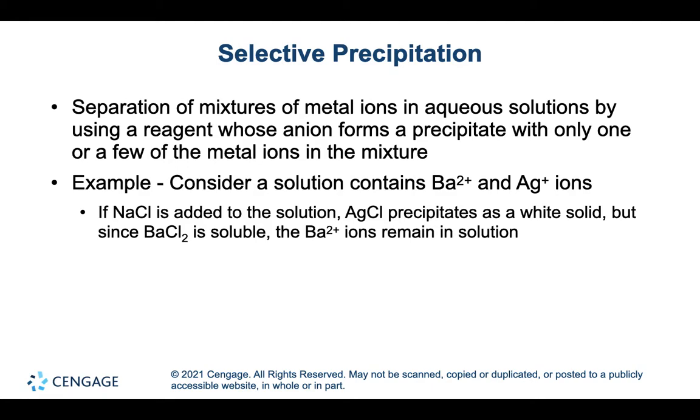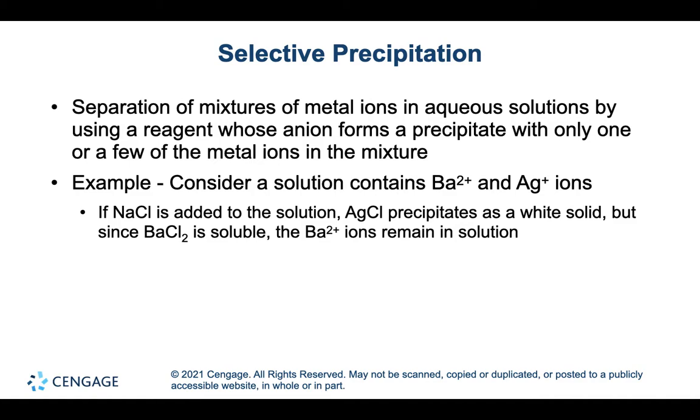selective precipitation. So we can use what negative ion we add to selectively separate one ion as a precipitate while leaving the other ion still dissolved. That's because different metal ions have different solubilities with a particular negative anion.